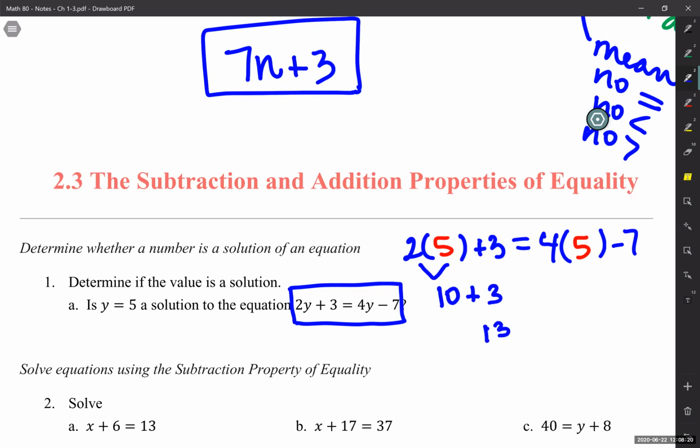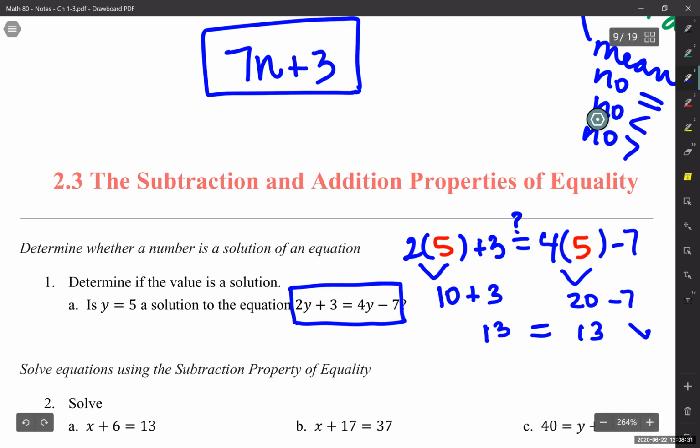Look at the right side. 4 times 5 is 20, minus 7 is also 13. So those two sides are equal. In other words, we're asking ourselves, are those equal? And then we are saying, yes, they are. So yes, that is the solution. If the two sides were not equal, then we just say no.